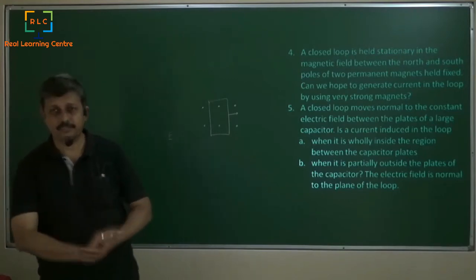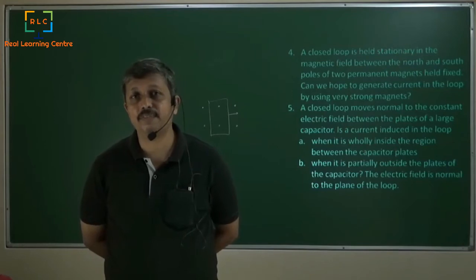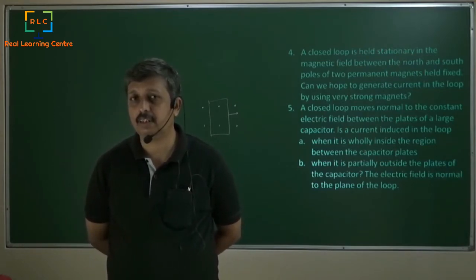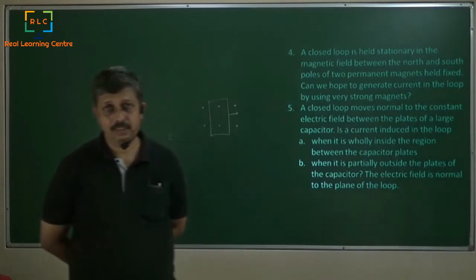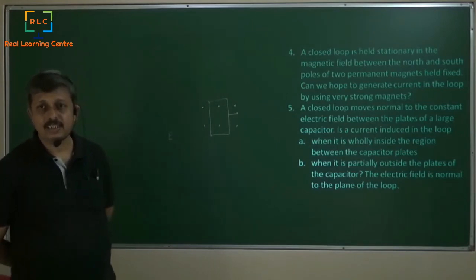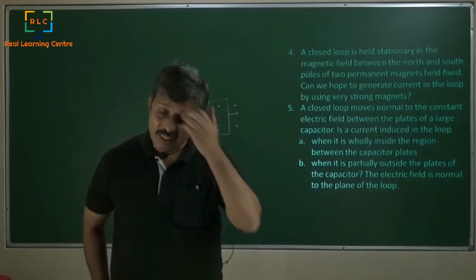Now, what do you think? This is not a magnetic field, it's the electric field. So when the electric field is there and you are moving the loop, will it induce? What did Faraday say?